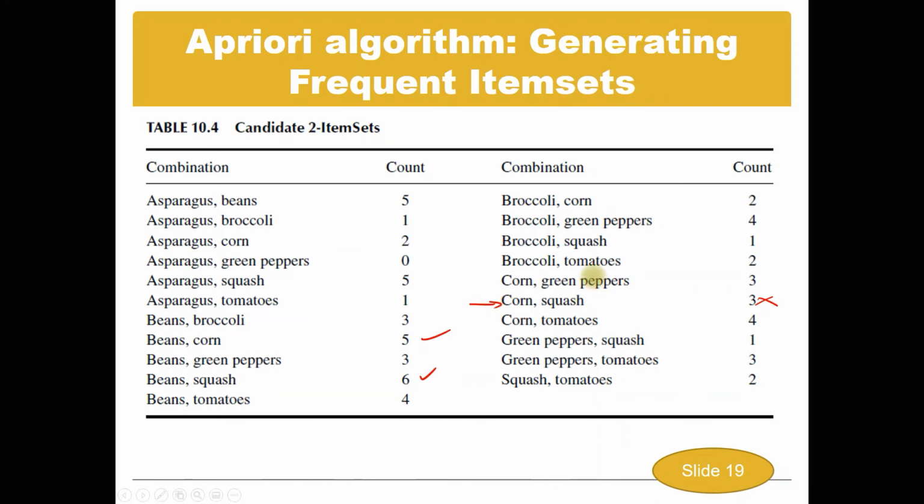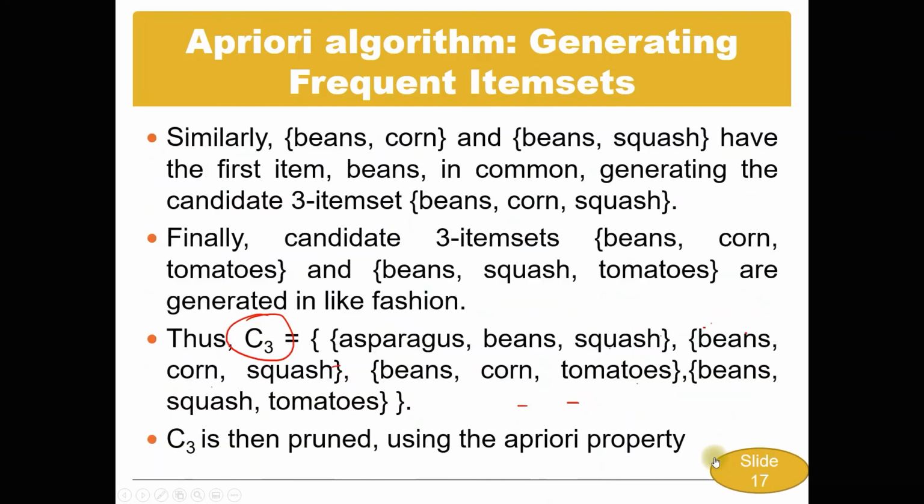Because cone and squash is not frequent, because it doesn't satisfy our threshold, it's like we are saying Z is not frequent, cone and squash. Adding bean to it will not make it more frequent. So in other words, this item set is removed.